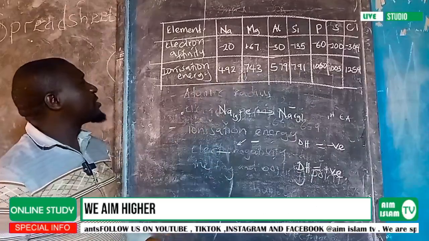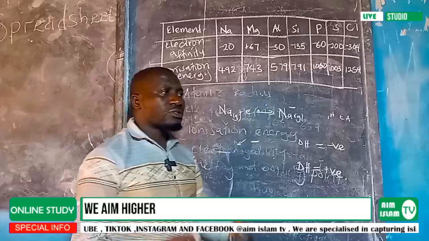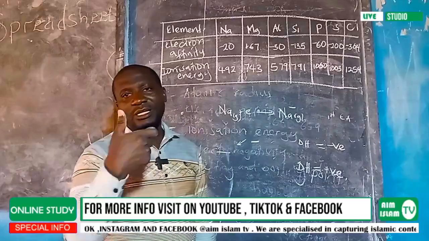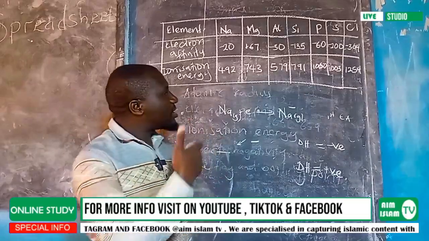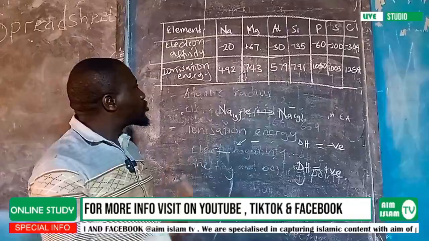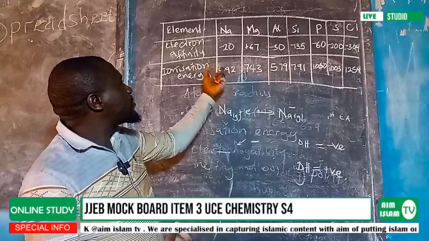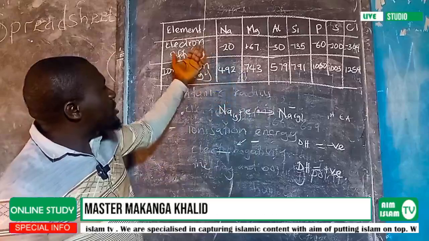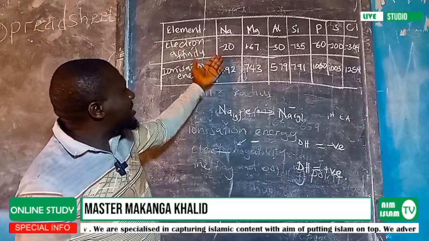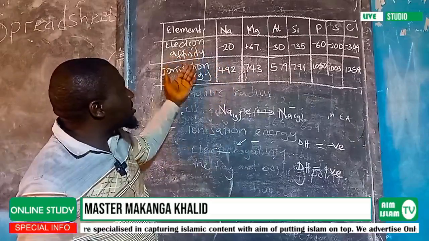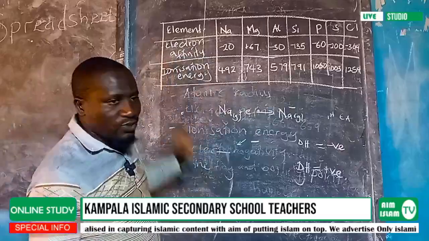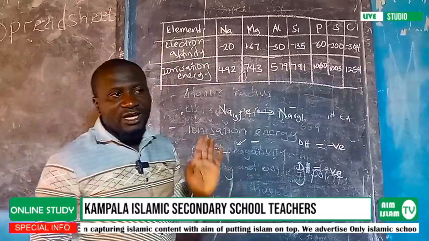Now let's go to the variation for our item. What the item requires is to explain these observations from this table. So you are explaining the variation. The first one is electron affinity.